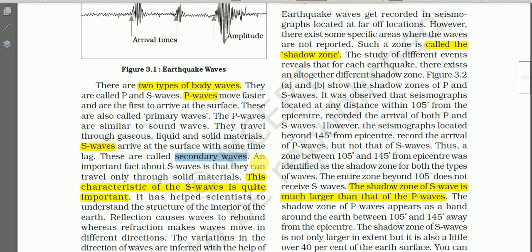An important fact about S waves is that S waves can travel only through solid material. Remember, S waves can travel only through solid materials. And this characteristic of S waves is quite important to learn about the nature of the Earth's interior.